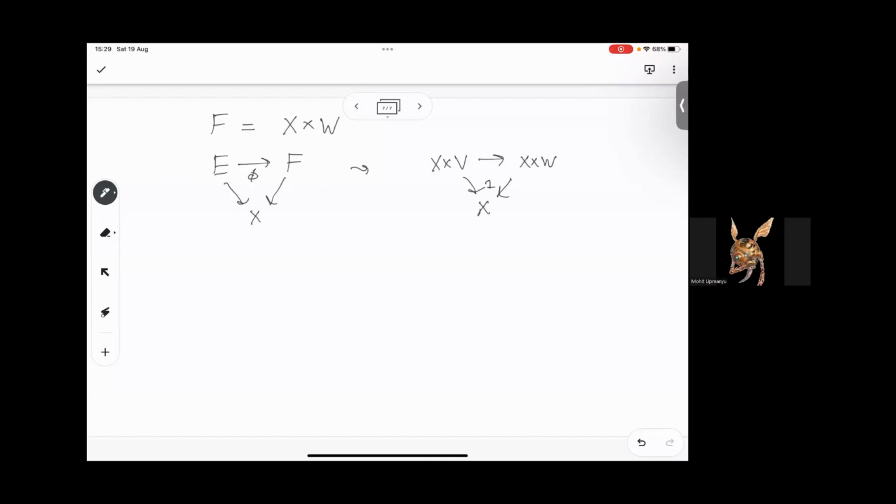But if this diagram is commuting, then I might as well just be giving a map from X cross V to W, right? That's more than enough data because (P, V) will end up going to (P, whatever it goes to), but the P has to be the same because the diagram commutes. So this data remains the same.